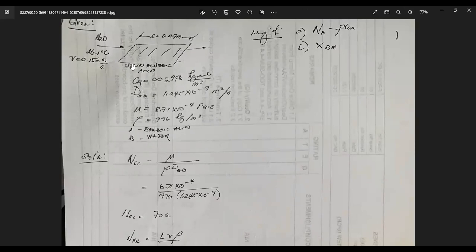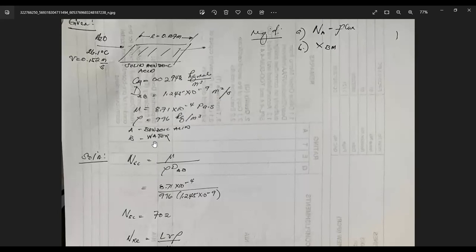So initial concentration, let's say from 0.1 in here is 0.02948 kilogram mole per cubic meter. And then you have the diffusivity, you have the viscosity, you have the density. All of this were provided since these are the physical properties of water at the indicated temperature. So I just place it already there available for you during the quiz.